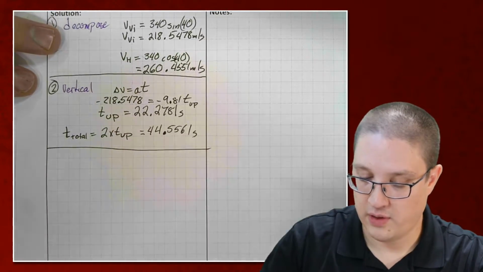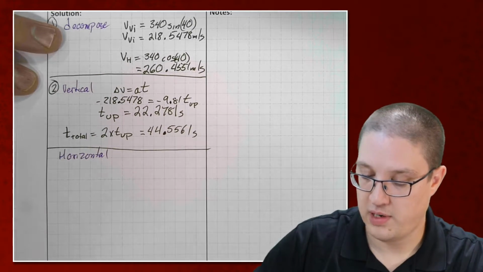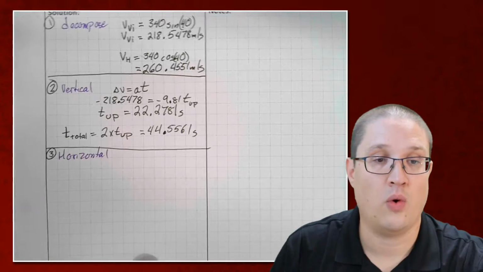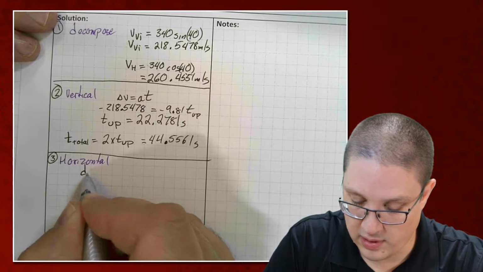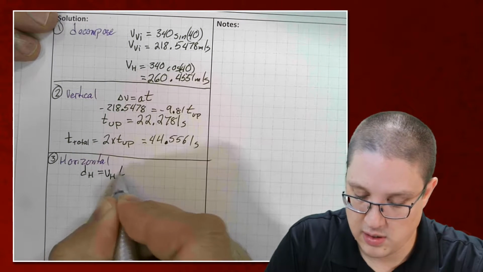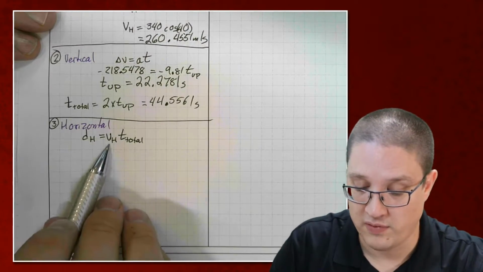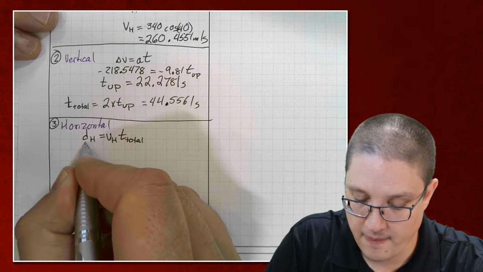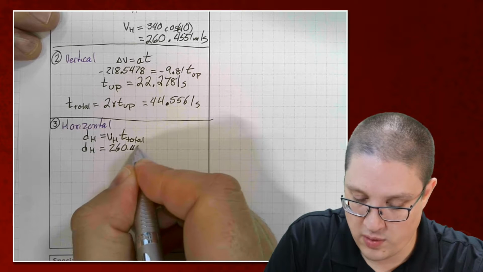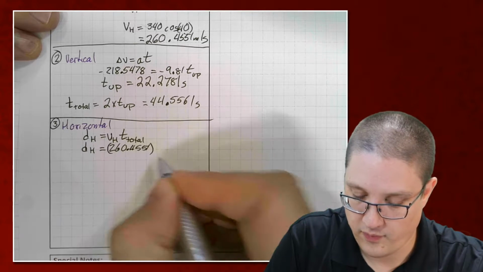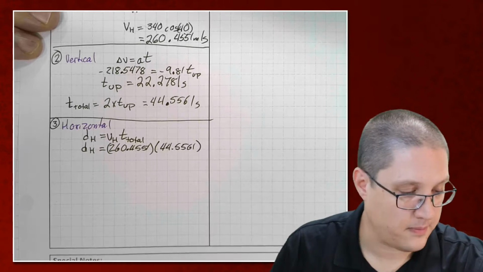Next, I need to figure out my horizontal. So my third step is to figure out the horizontal part. I have my horizontal velocity. I know that my horizontal distance is that horizontal velocity times my total time. So that works out to 260.4551 times 44.5561.